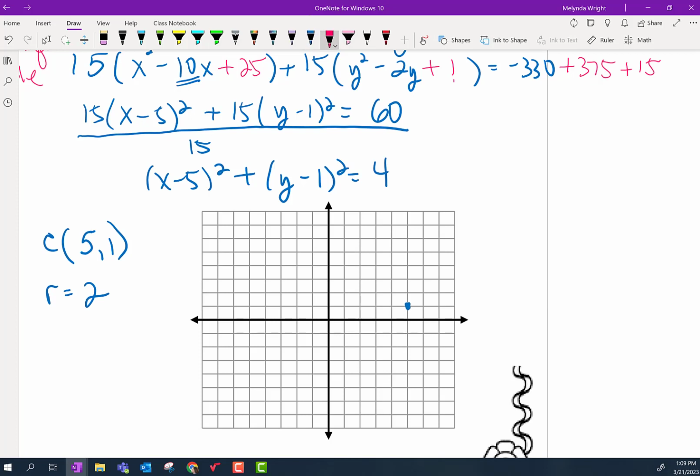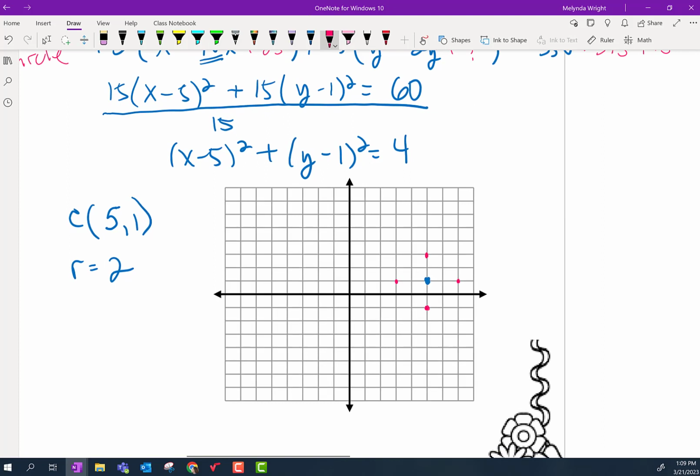So when I go to graph this circle, I'm going to go 2 spaces to the right, 2 spaces to the left, 2 spaces above, and 2 spaces below to get some points. That's going to give me the shape, or at least the outline of my circle.